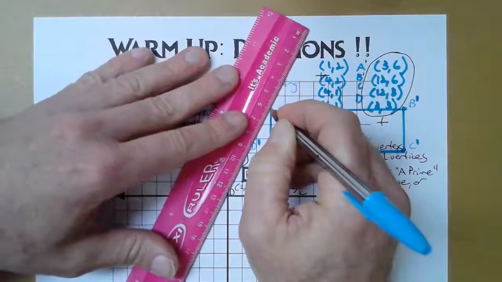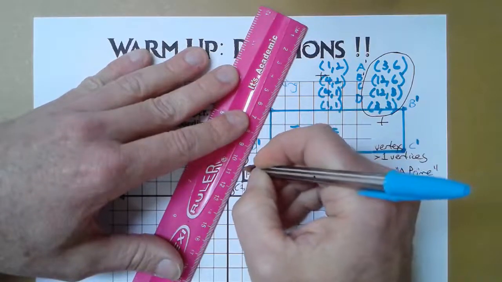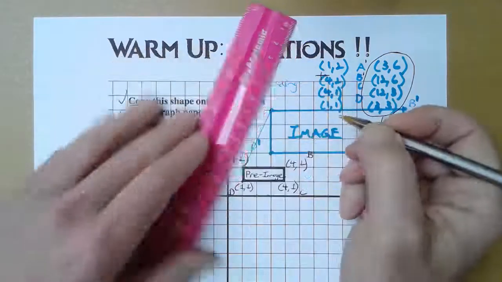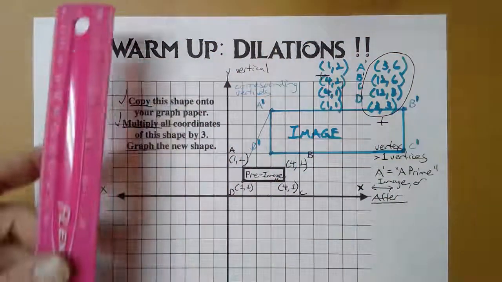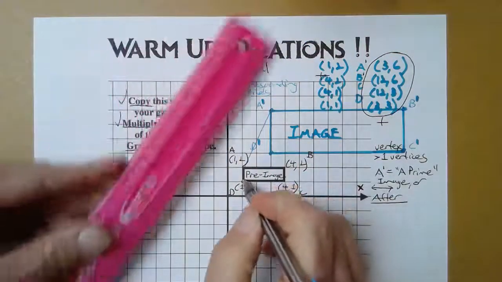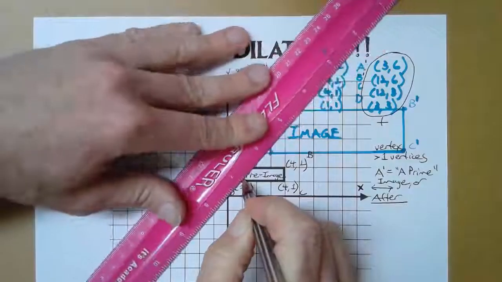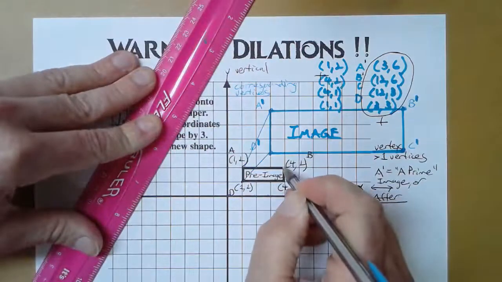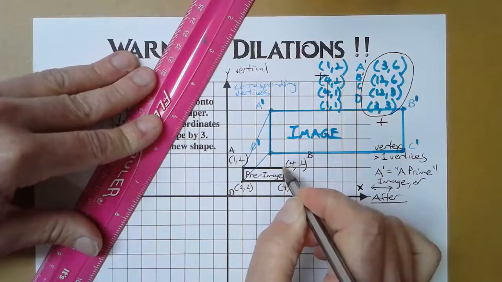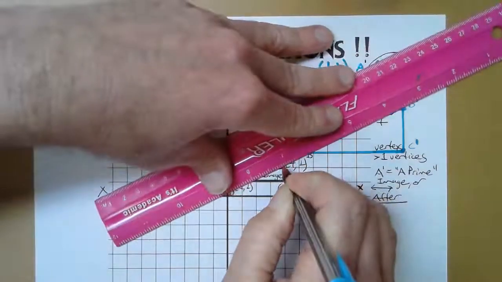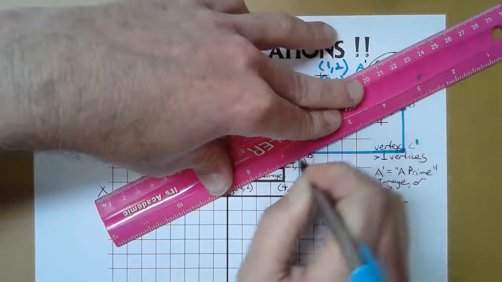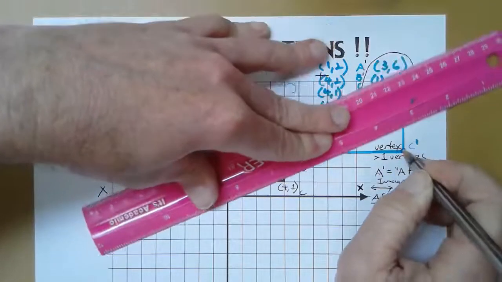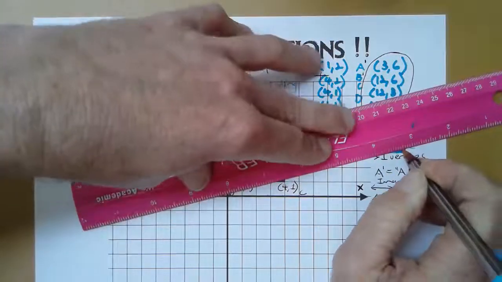I'm going to connect A to A prime. Ooh, that was kind of rough. I'm going to connect D to D prime. How about B to B prime, corresponding, same spot on a similar shape. And finally C to C prime.